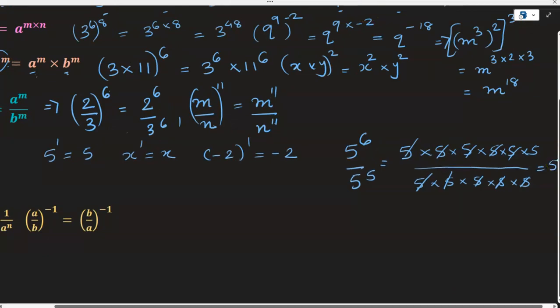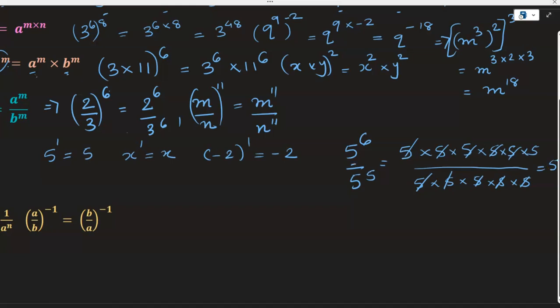Now let us do this with the help of laws. We know that when two numbers have the same base and different exponents and are divided by each other, according to the law you simply subtract their powers, correct? That would be equal to 5 to the power 1. We already saw that this is equal to 5, so we can say that 5 to the power 1 is equal to 5.